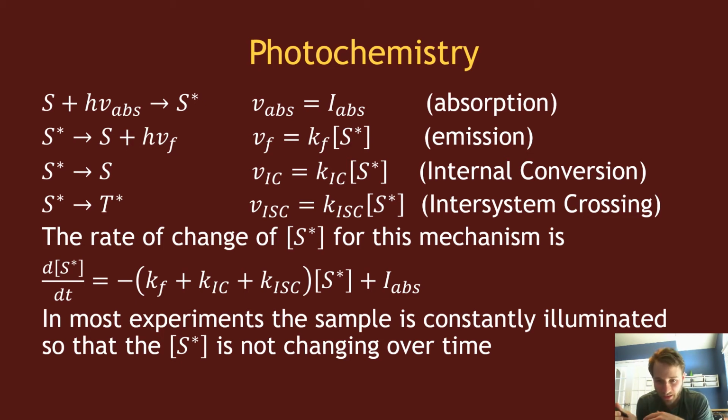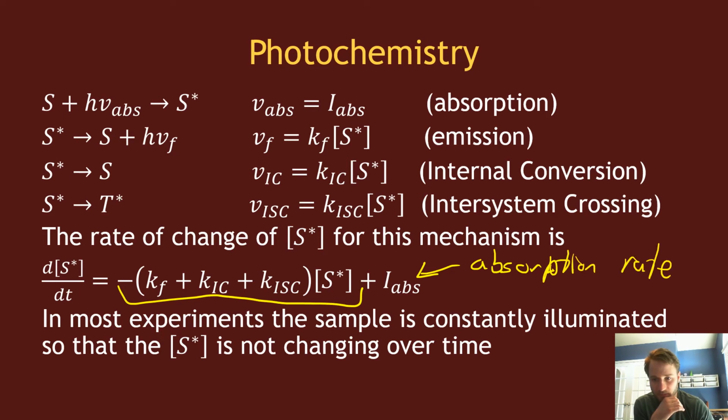Typically, these are obtained using steady state experiments where you're constantly illuminating your system. When you do that, the change in concentration of this excited state is given by the decay processes that we talked about already, plus this absorption rate, I absorption.